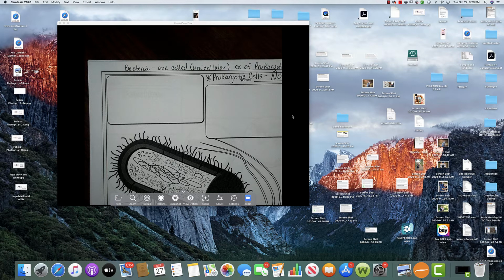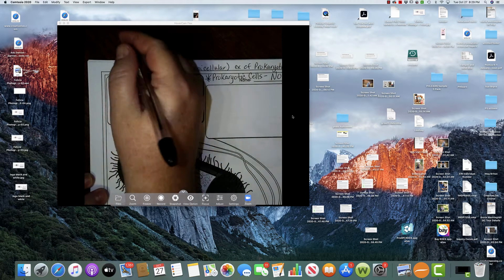Okay, so the first thing we're going to talk about is bacterial genetics. Of course, in a eukaryotic cell, the DNA is located inside the nucleus. For bacteria, the DNA, or the genetic information, is wrapped in its one chromosome, typically circular, and that contains all of the genetic information.